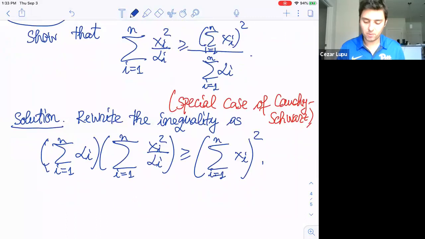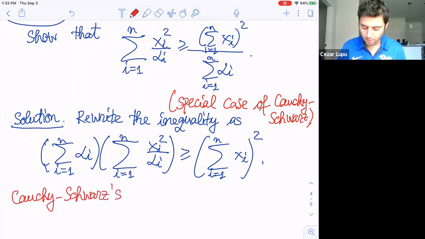Let me remind you what the Cauchy-Schwarz inequality says.